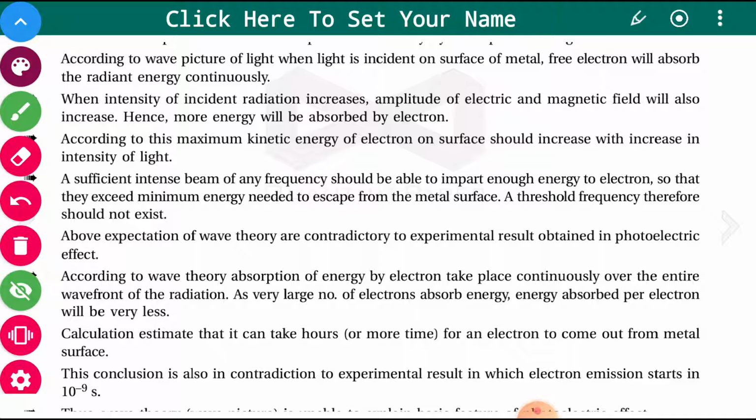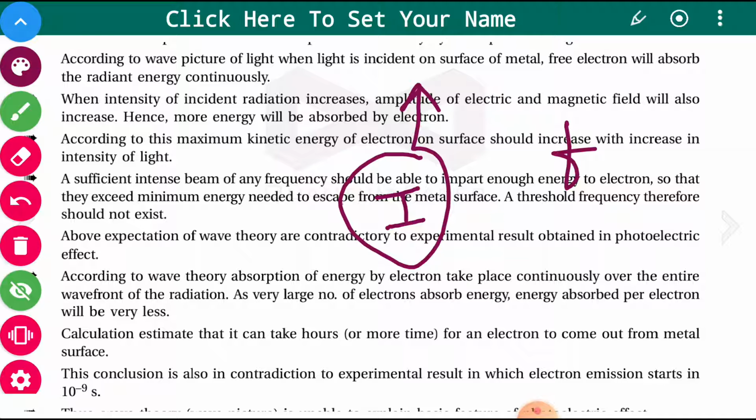Now, if we have very high intensity radiation, irrespective of frequency, then according to wave theory this radiation should be able to make the electron escape from the metal surface, or it will provide the minimum energy which is required to make the electron escape.